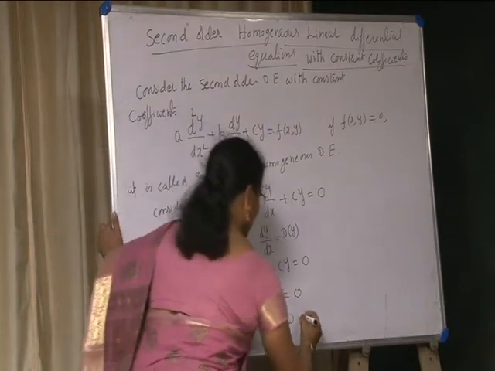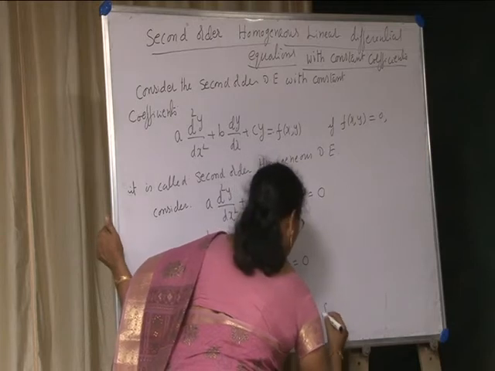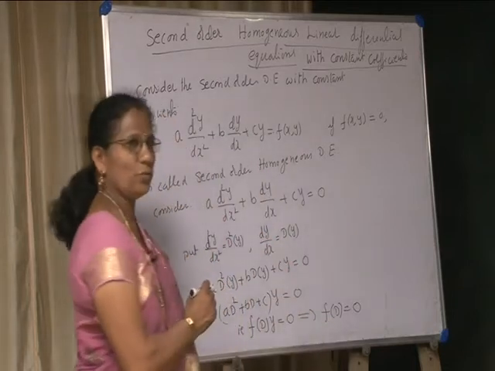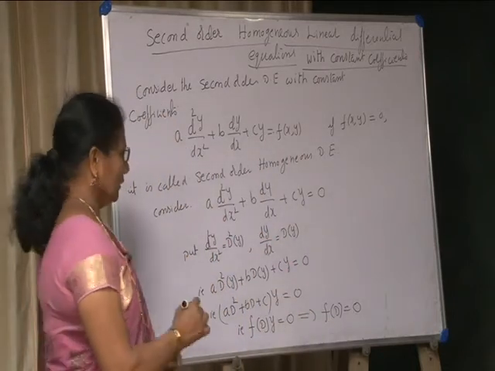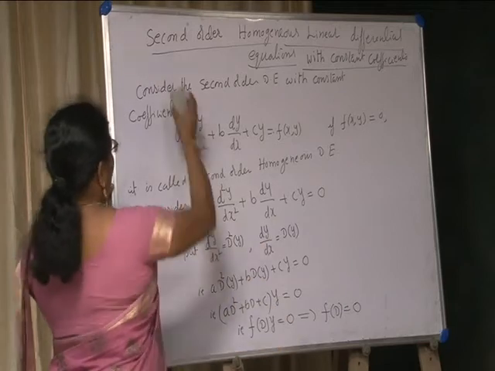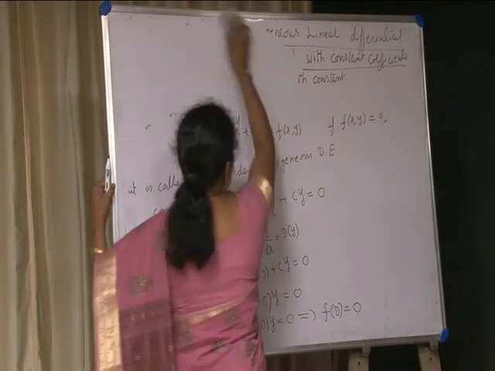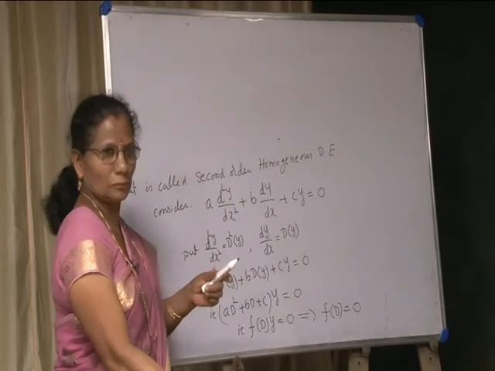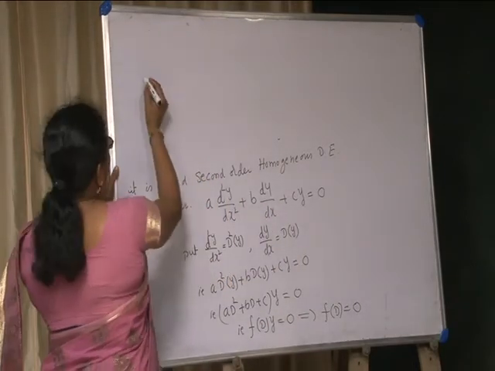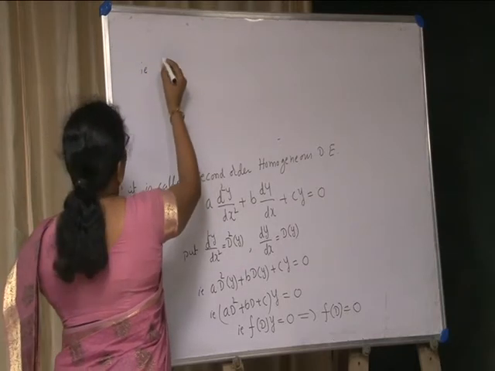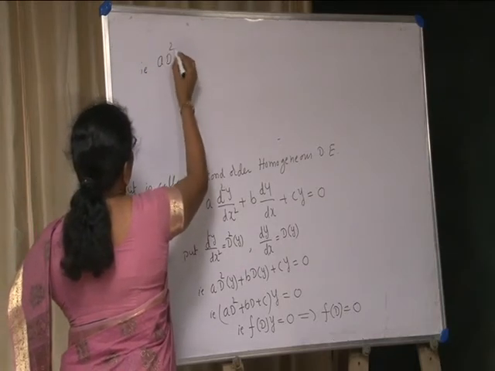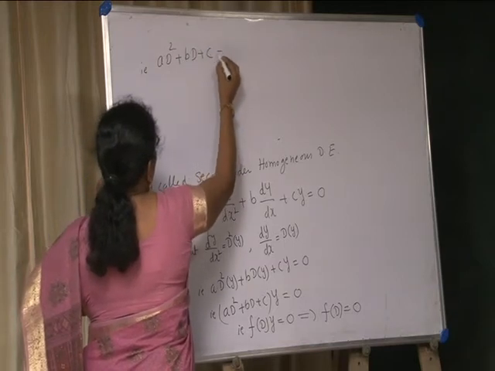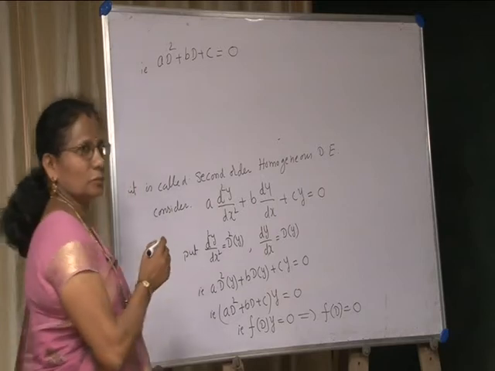That implies f of D is equal to 0, that is, a into D squared plus b into D plus c is equal to 0.